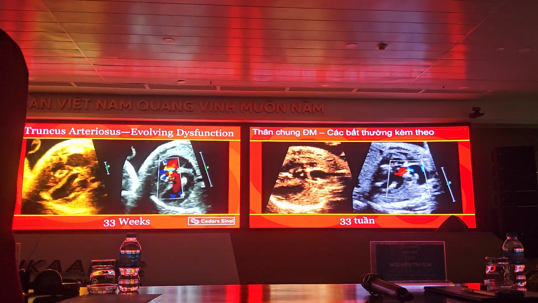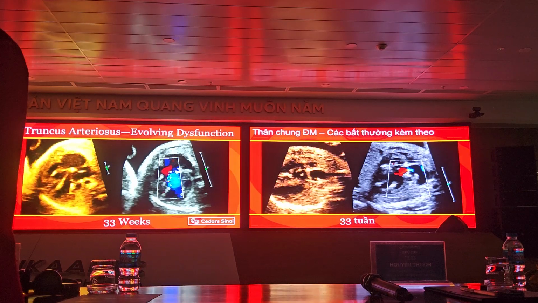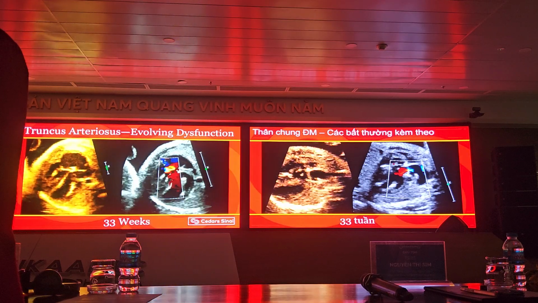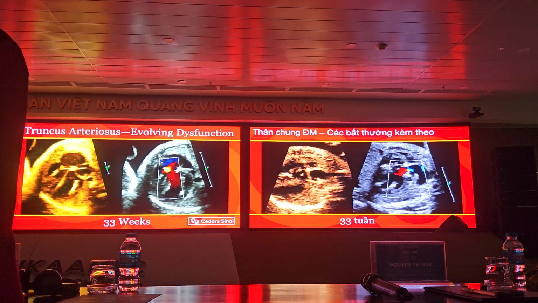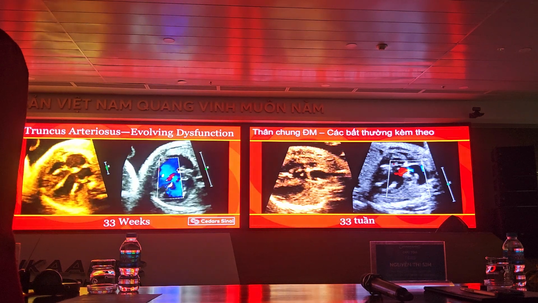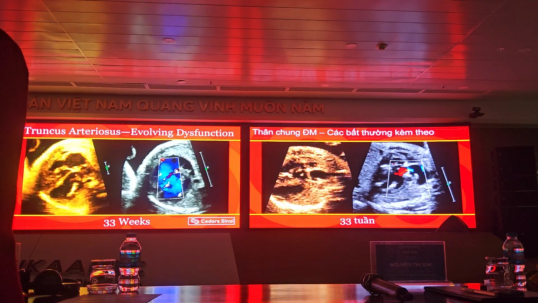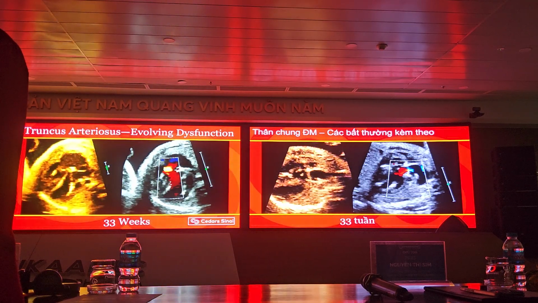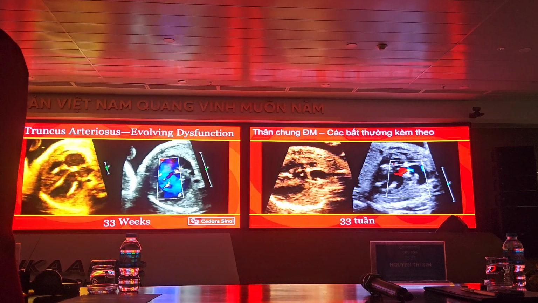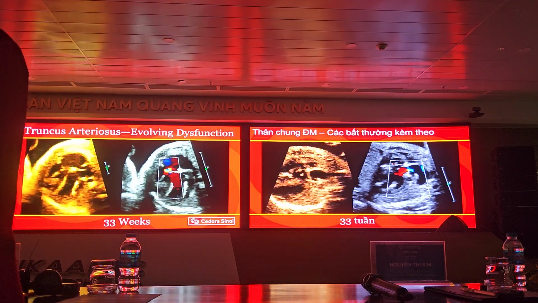This is 33 weeks. And here you can see the right ventricle, left ventricle. Here's the tricuspid regurgitation, the ventricular function, and you can see the ischemia in the papillary muscles of the left ventricle and the right ventricle. This is a fetus who developed hydrops and did not survive.